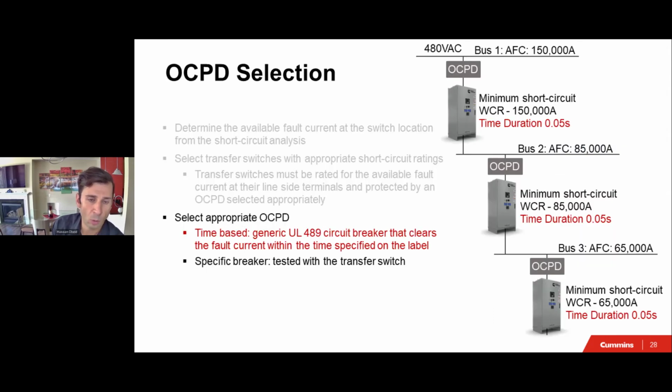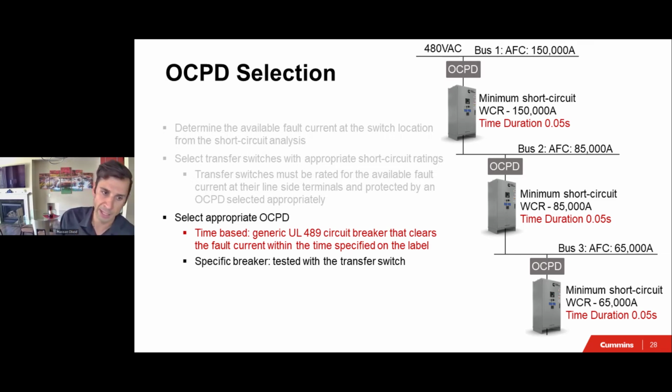Going back to our example, we're going to be using this example a lot in this presentation. Since we know the time duration is 0.05 seconds, we can use a generic UL 489 breaker that clears that fault current. The breaker must also be able to handle 150,000 amps.